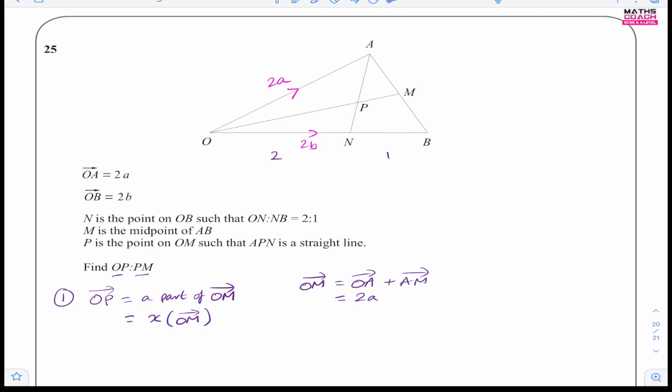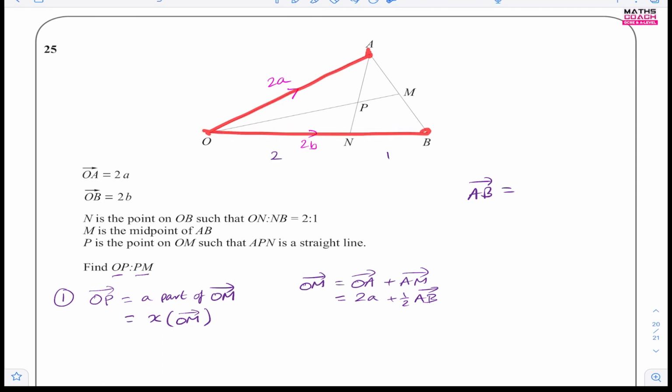And what is A to M? Well, we know that M is a midpoint. We are told this right here. So, therefore, A to M could be a half of the full A to B, which is all of that. It's a half of that. So we can now find A to B. What is A to B then? So A to B is simply, we want to go from here to here, so we can go back this way and then that way.